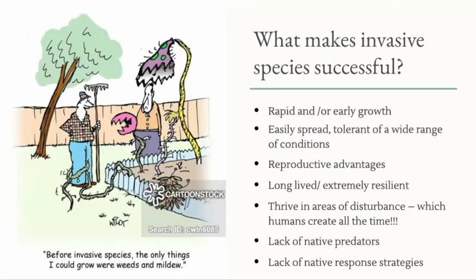So if an ecosystem is polluted, or it's fragmented, or for some reason its health has been compromised, the native species don't have the ability to fight off these invasive species that come in. They don't have the strategies. They didn't co-evolve with these species. And so they almost don't have immunity to it.